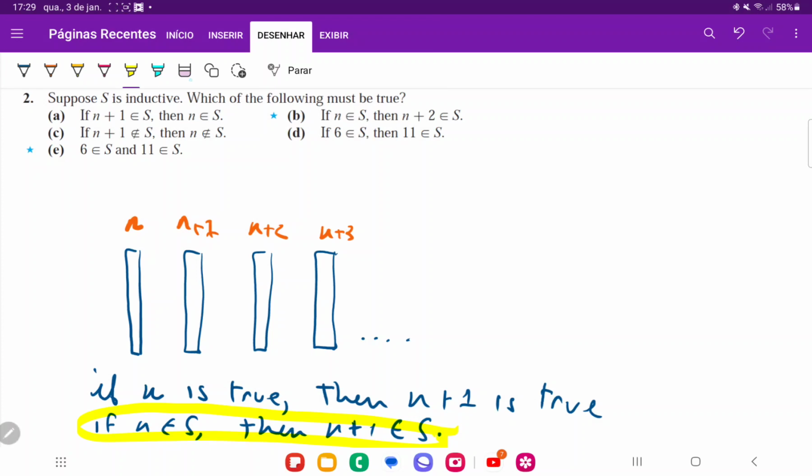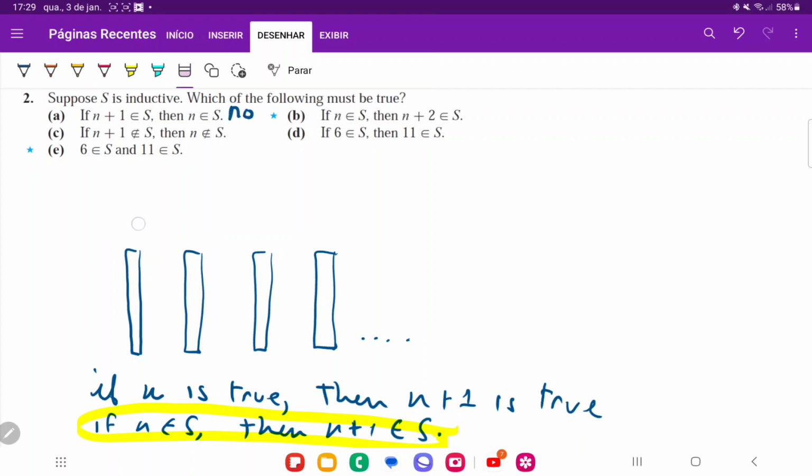It's kind of arbitrary what you call n plus 1, so we could say that this is n plus 1 and that's n plus 2 and so on and so forth. So we could begin our set here at n plus 1. It doesn't mean that the element n is going to be there. So that is definitely not true. So that's going to be a no.